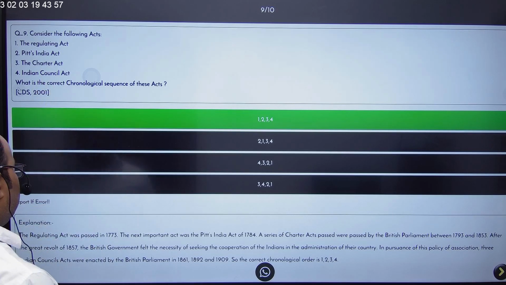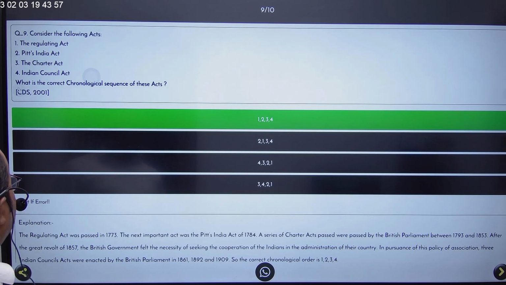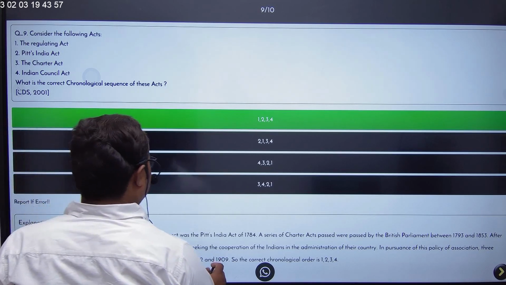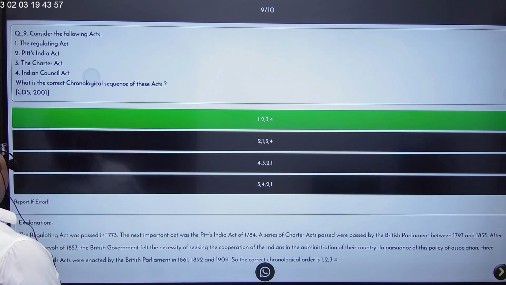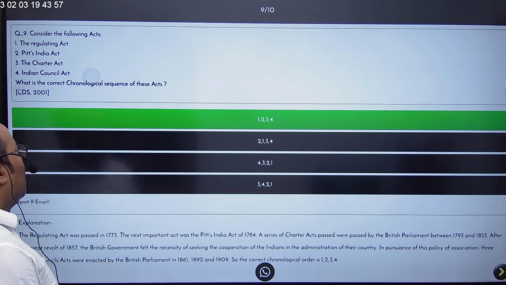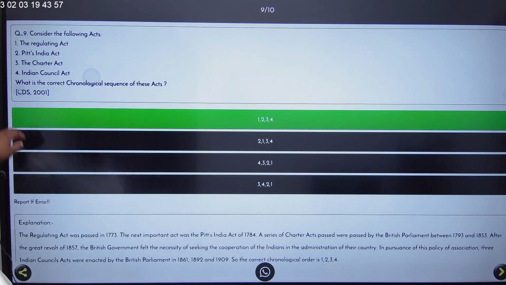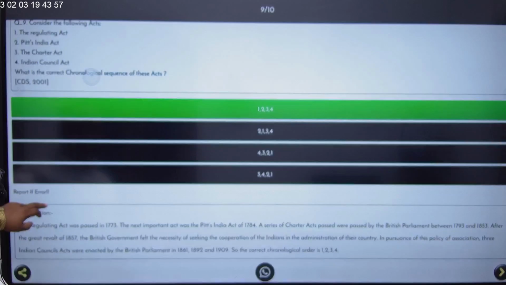Indian Council Act was passed in 1861, 1892 and 1909. So these all were given here. The correct chronological order is 1, 2, 3, 4. So first one is Regulating Act, second Pitt's India Act, third is Charter Act, fourth is Indian Council Act. So we can study them in this way also.